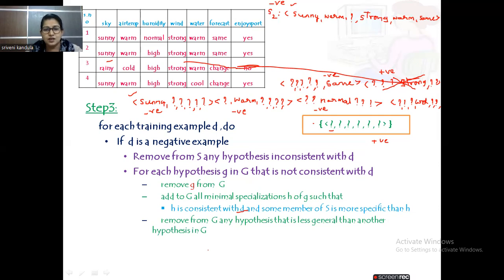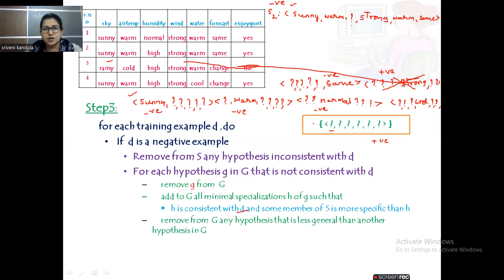Let us do that with a specific example because the specific example already classified these two correctly. So we'll do with the specific. Okay, sunny followed by all question marks. Fine, this is acceptable. Warm followed by all question marks. Yes, it is classifying the other two as positive. I can keep. Then coming to the next.